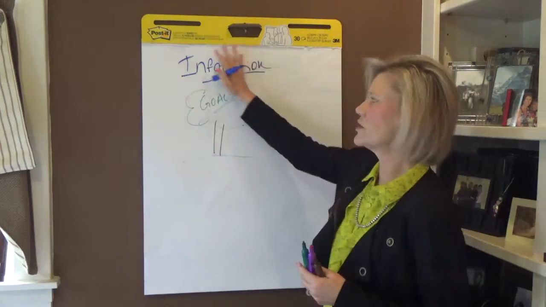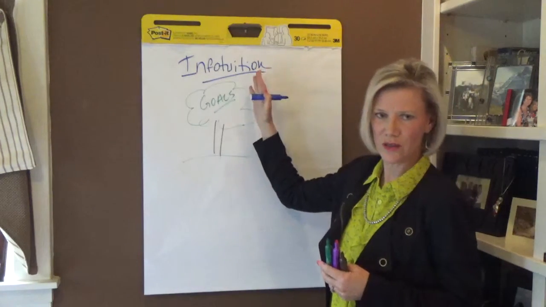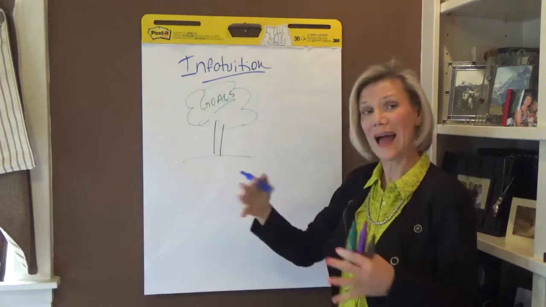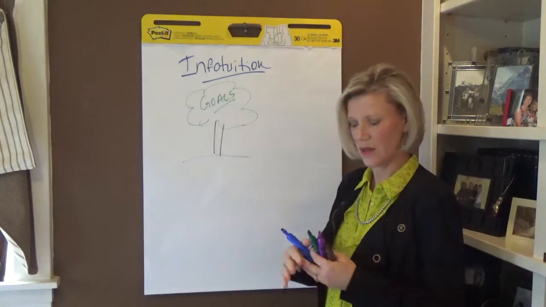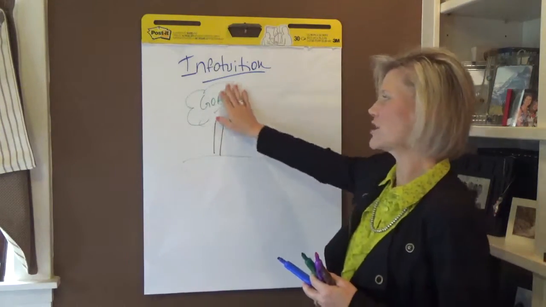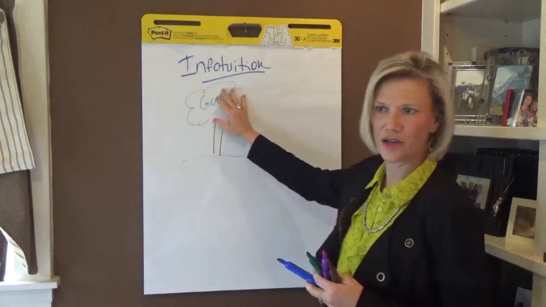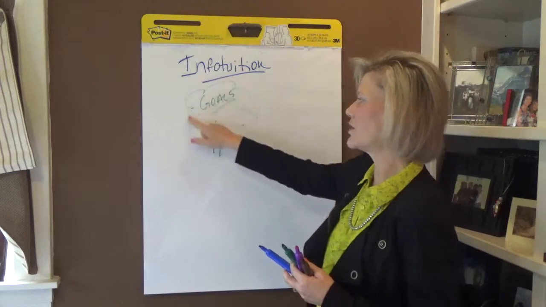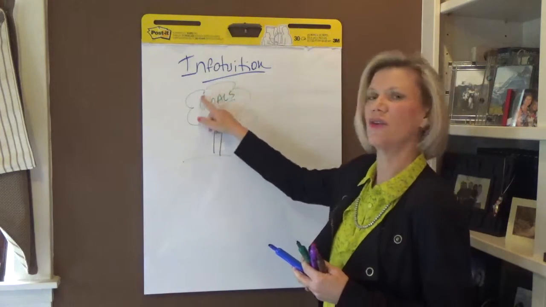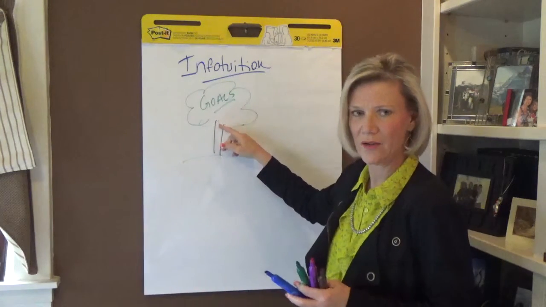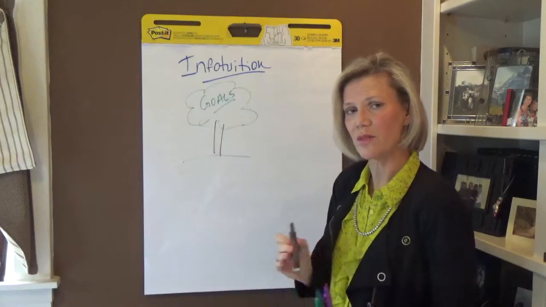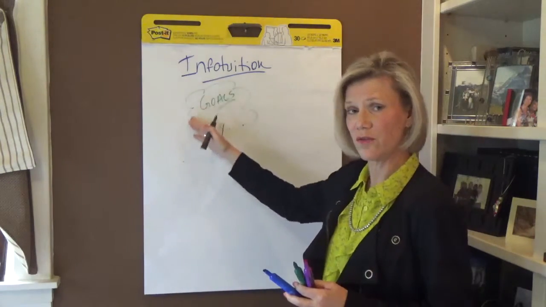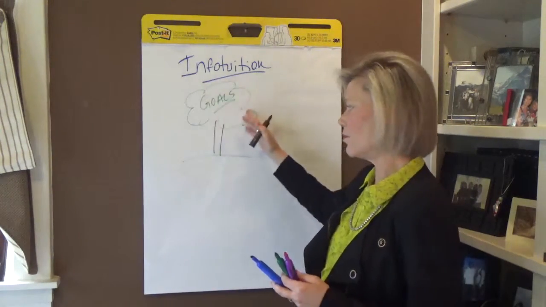So to understand the concept of Infotuition, let's review the last two videos very briefly. You recall that we talked about our tree model, our decision tree. We talked about the top of the tree that represents the goals that you have for your organization, for your business, for yourself, in your work life.